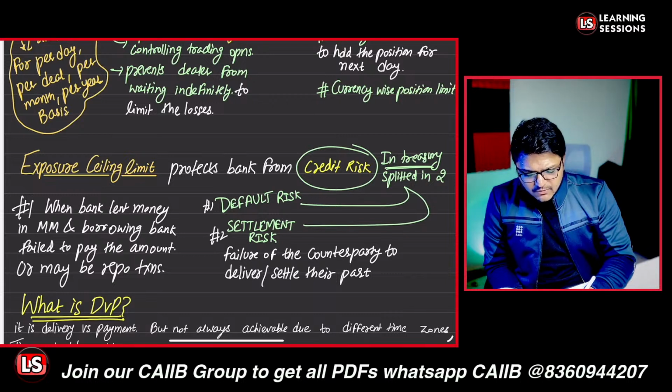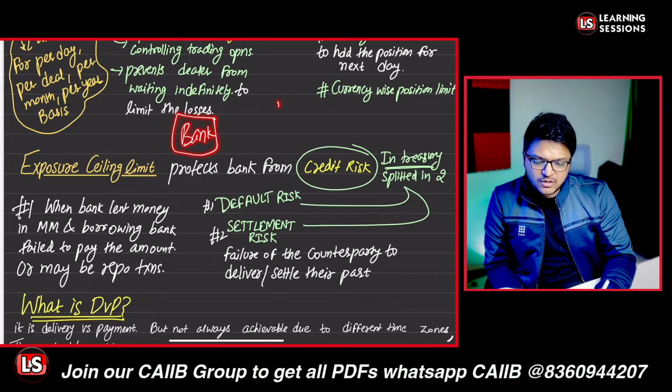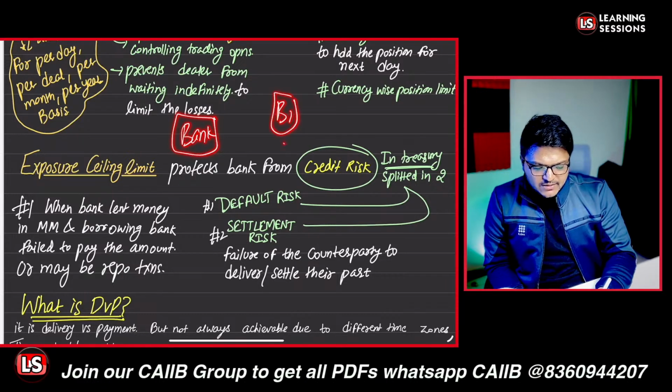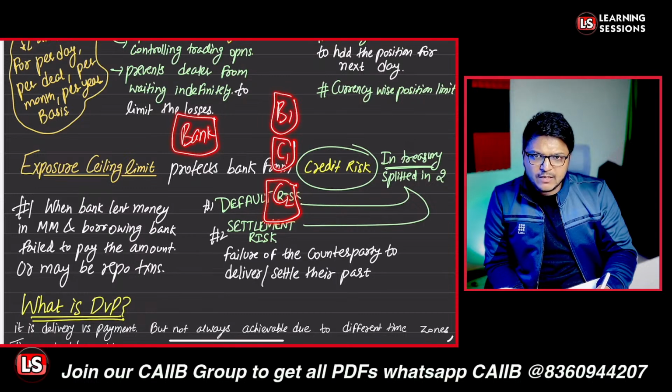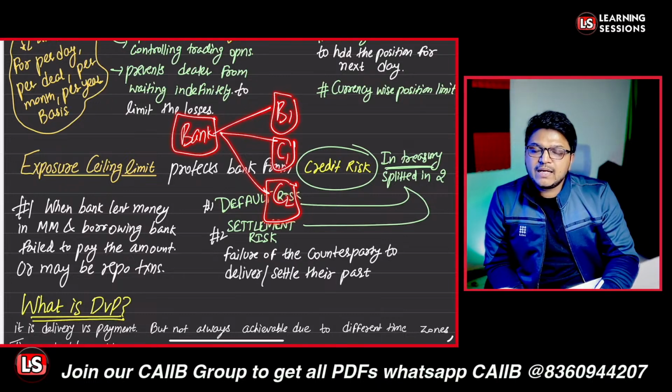In the treasury market, the treasury department of the bank is dealing with other banks or other counterparties, let's say B1, C1. Although we may be dealing with different banks with a very good reputation, there is a chance that even they can default on their obligations.